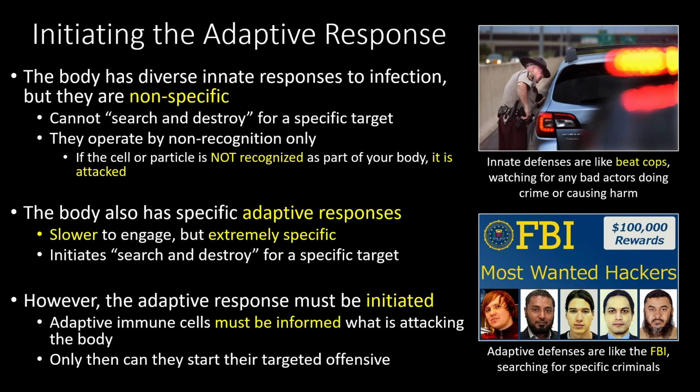So this is a process that really needs to be initiated once we learn what is attacking us, like the identity of the attacker, the pathogen that's infecting us. Then we can take that information, feed it to the cells responsible for our adaptive response, and craft a very coordinated, targeted effort to eliminate the specific thing that is infecting us, okay?